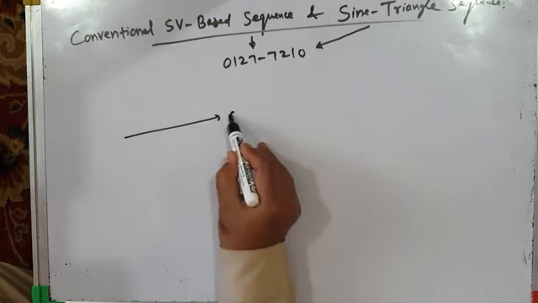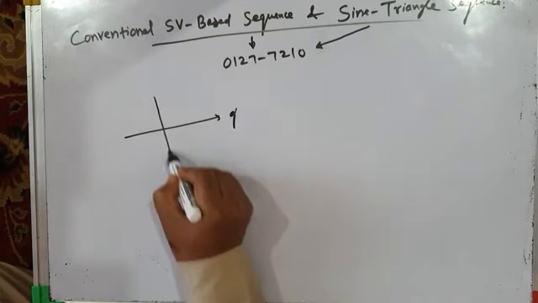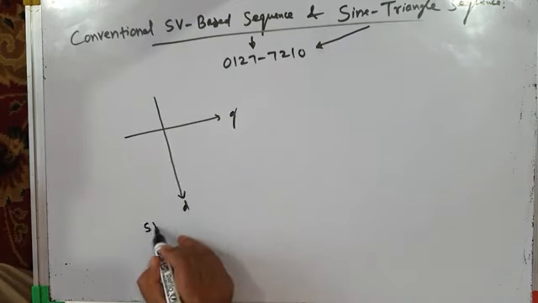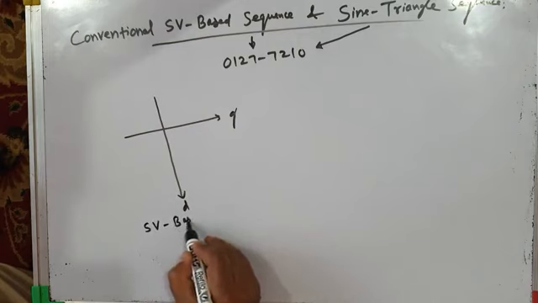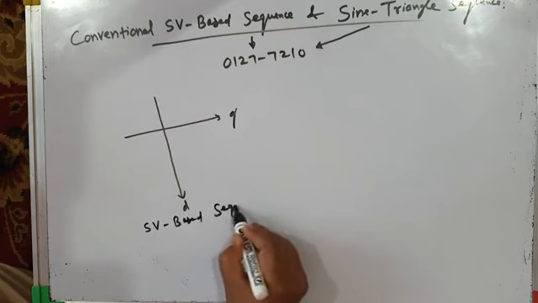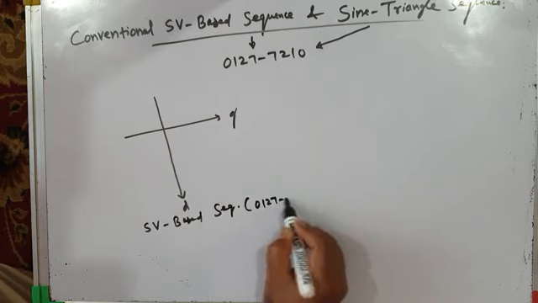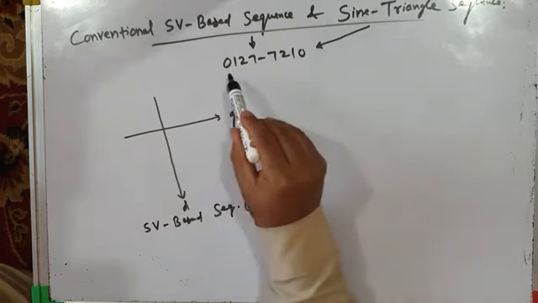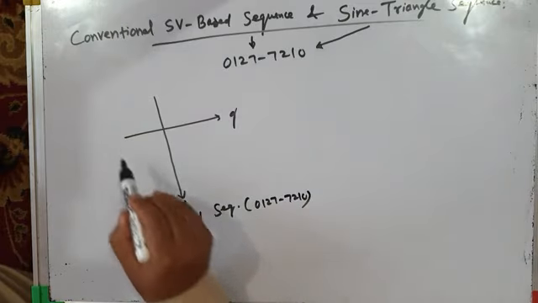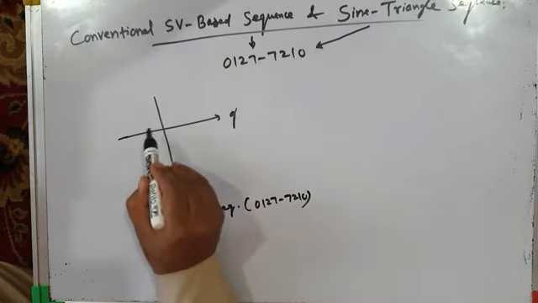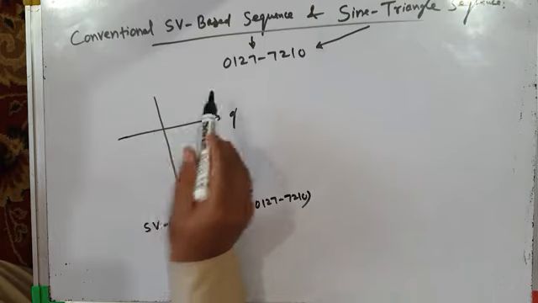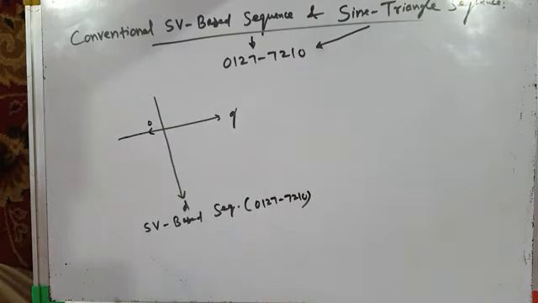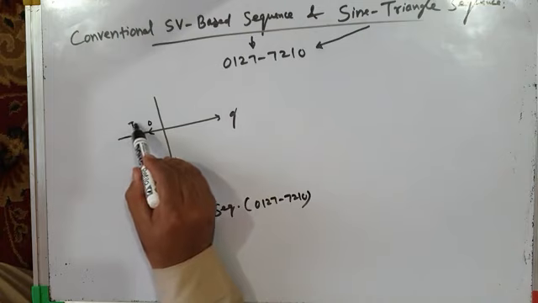This is again our q-axis and this is d-axis. I am now considering space vector based sequence, which is 0127-7210. So first of all, null vector 0 is applied, so the stator flux ripple grows in this direction. When null vector 0 is applied, up to time interval tz by 2, so this is tz by 2.